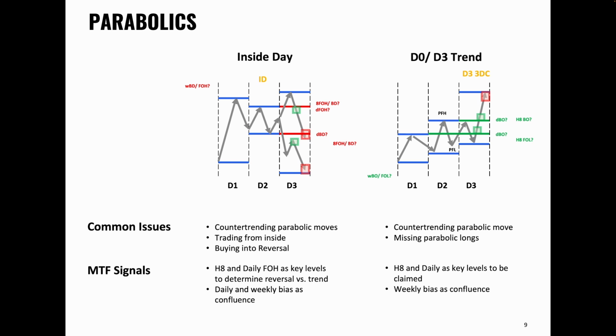So on a day 3, you watch how you're trading in relation to this last daily breakout level that was hit. And once you're above that, you're definitely not short. And if you get a nice pattern with a lower time frame fake out low or breakout, then you might already take the long from the inside as a parabolic continuation.